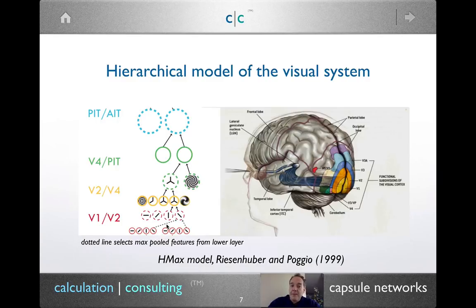What's thought to happen is that as information is passed from V1 to V2 to V3 in the visual cortex, feature maps are formed. So that, for example, when you go from V1, V2 to V4, which are these sort of layered folds in the brain, you get higher and higher level features.